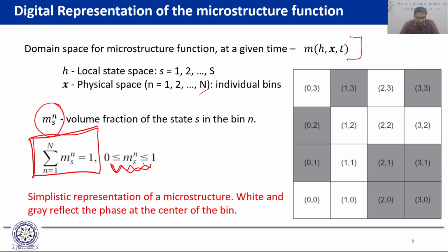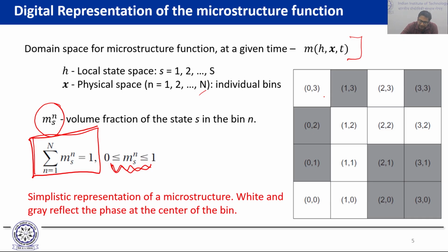So with this brief mathematical background, now let us actually see how we can start doing a fairly simple-minded representation of a microstructure. So if you look at the figure over here, the white and the gray, they are representing different phases. Now, when you look at the microstructure, features might seem to vary fairly continuously, but when we do a binary representation like this, given the pixelated form of a representation, you will find that this does not look quite as smooth.